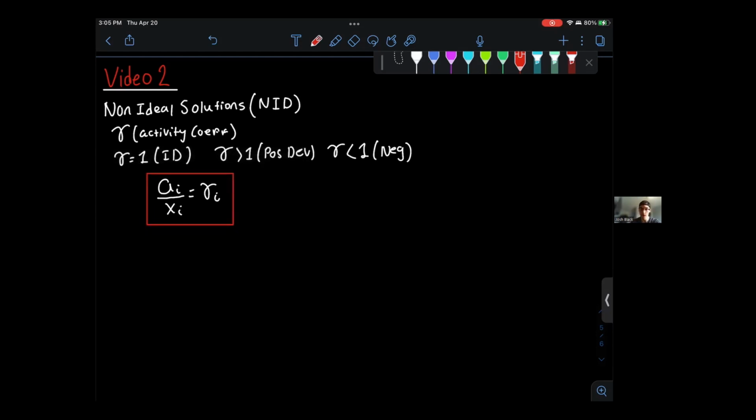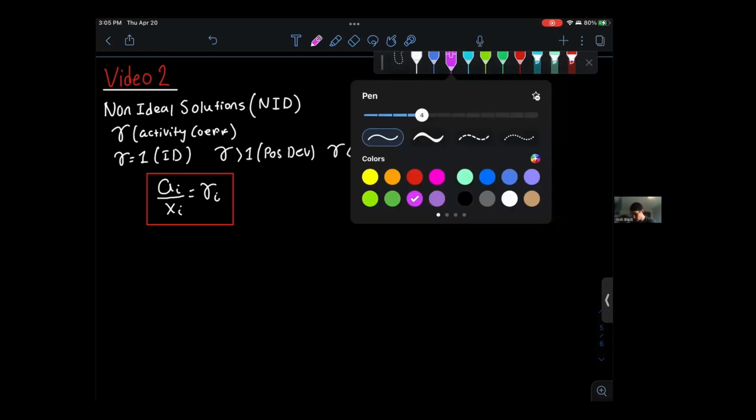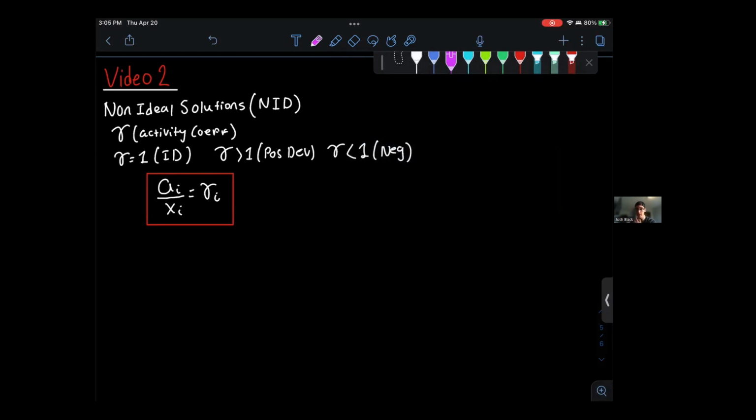This is super important to note when we're dealing with non-ideal solutions. Something super important about non-ideal solutions is that their enthalpy of mixing is not equal to 0.